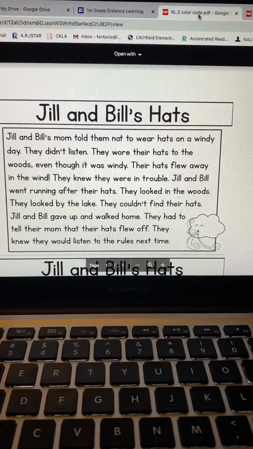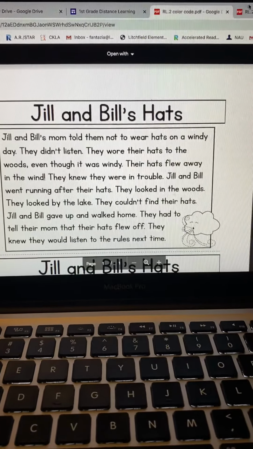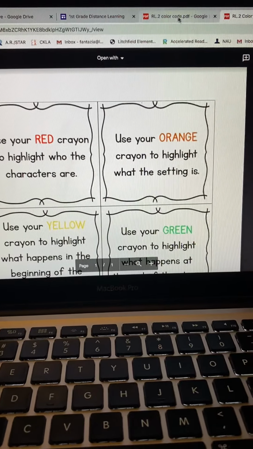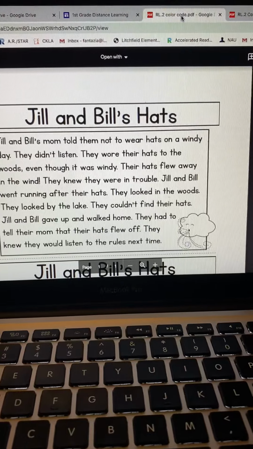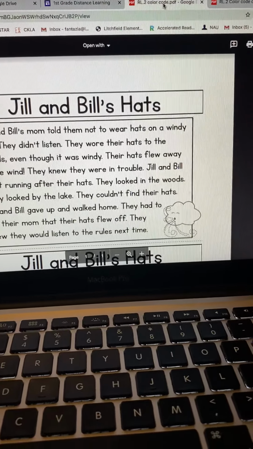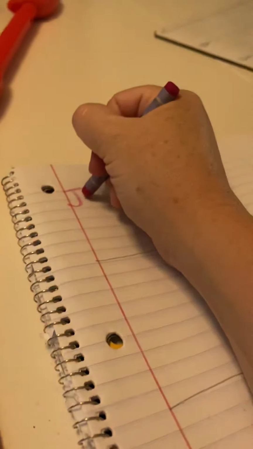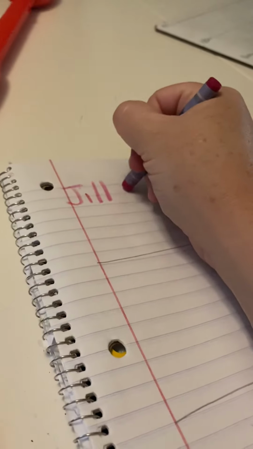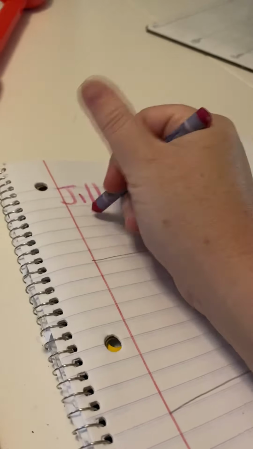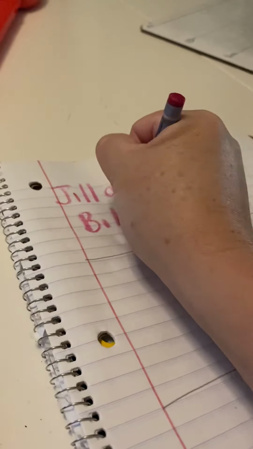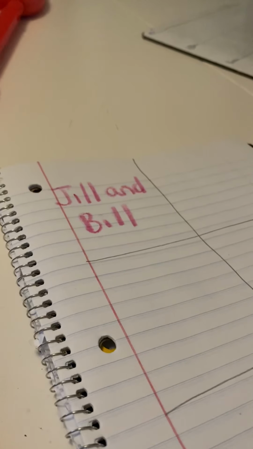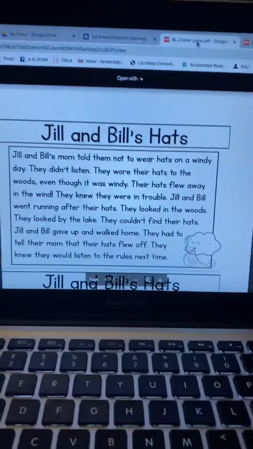So I know that my main character is Jill and Bill, and it is in their red crayon. Jill and Bill. There I go. Okay.